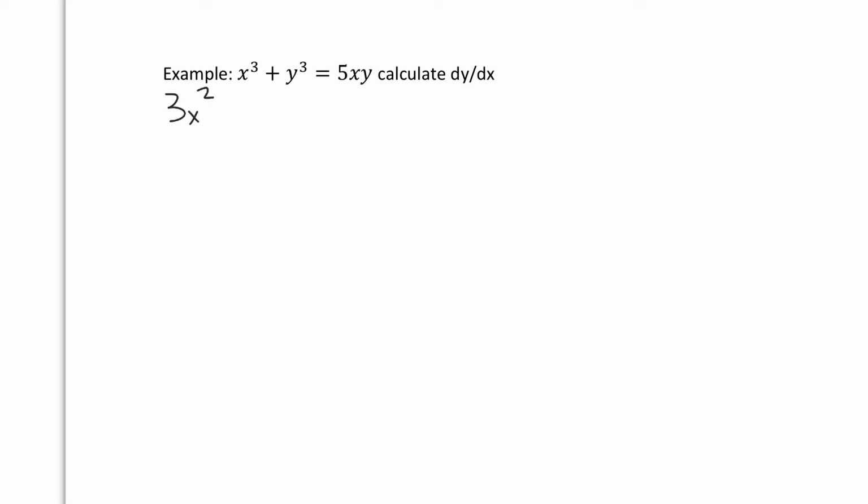Well, think about it like, say, a trig function. If I was going to imagine sine of x cubed, the way I would do the derivative is I would use the power rule and get 3 sine x squared. And then I have to multiply by cos x, which is, of course, the derivative of sine x.